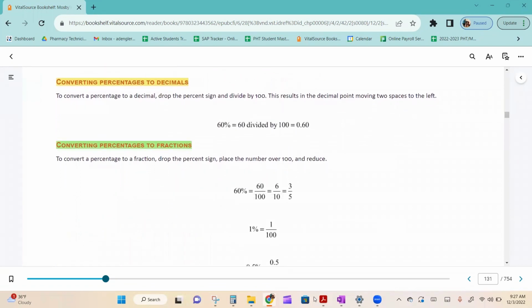All right, now we can convert percentages to decimals. To convert a percentage to a decimal, drop the percent sign and divide by 100. So they have 60%, they dropped the percentage sign, and it was just 60 divided by 100. And why is it out of 100?